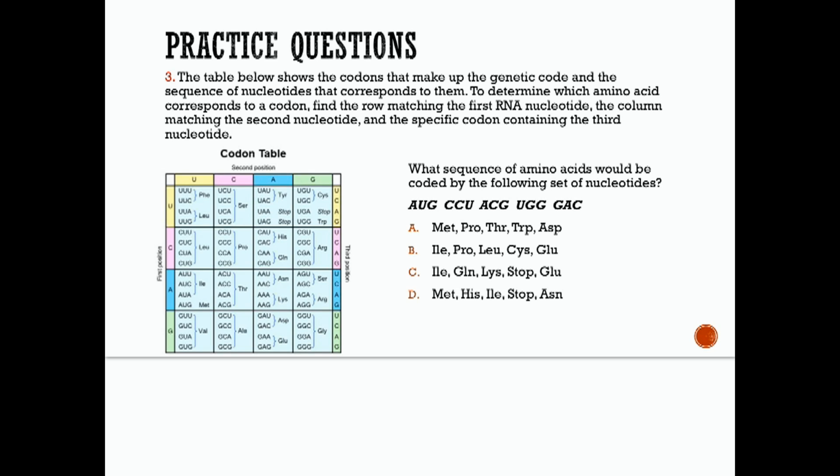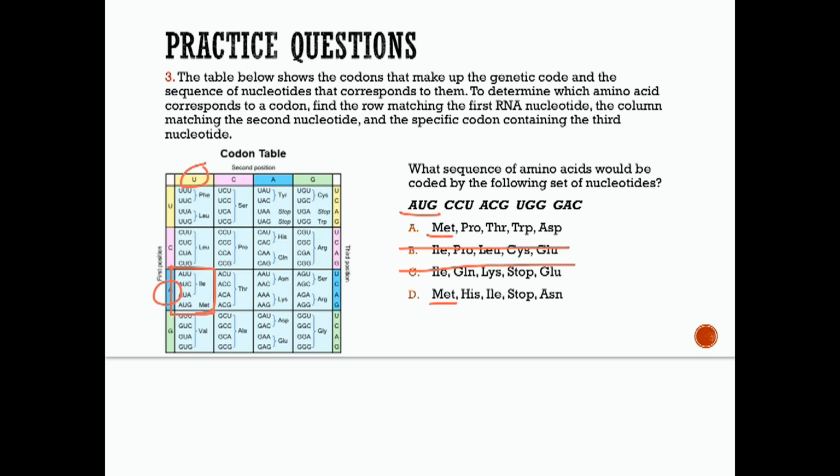So if we look at this, we will first look at AUG. You're going to find the A on the left in the first position, the U up top in the second position. So now you know you're in here. And AUG lines up with the amino acid abbreviated MET. And if you remember, that is your start codon. So by process of elimination, we can mark off B and C, because A and D both start with MET.